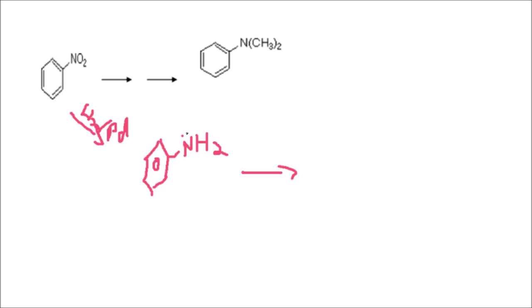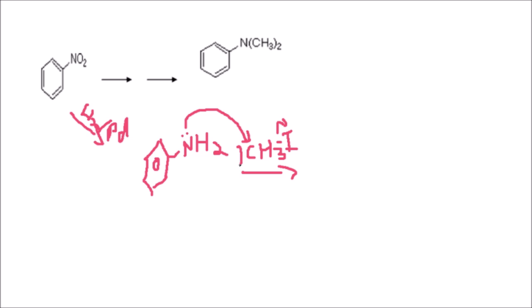And amines do react with alkyl halides. Usually we add iodide because it's a good leaving group. So the nitrogen might attack this carbon and this group will leave.